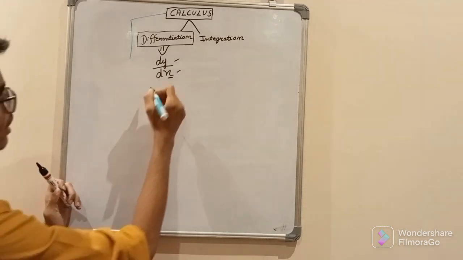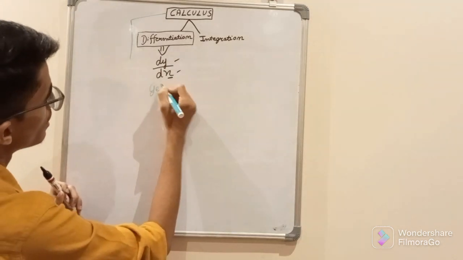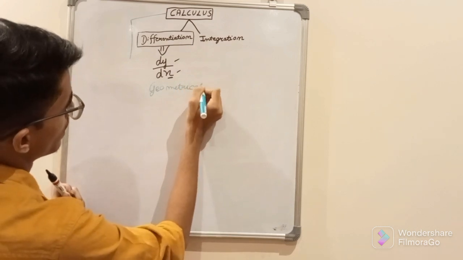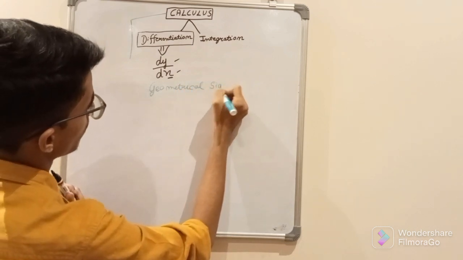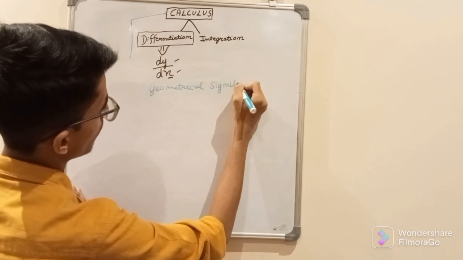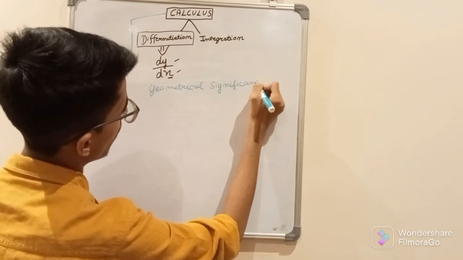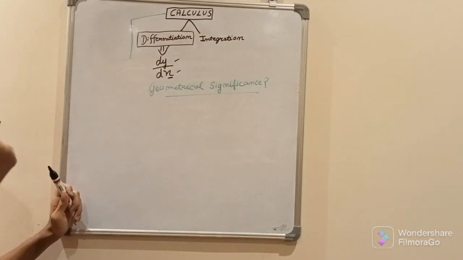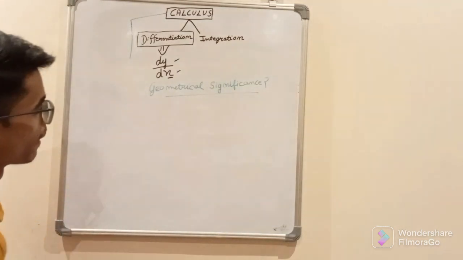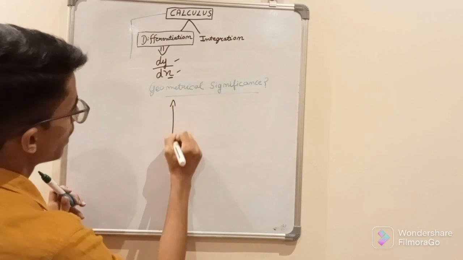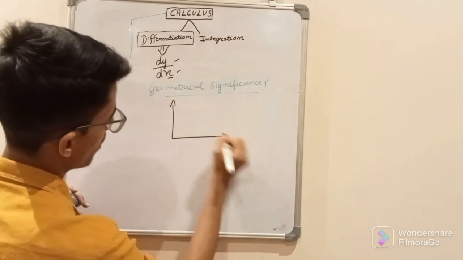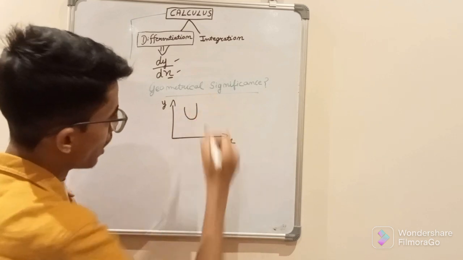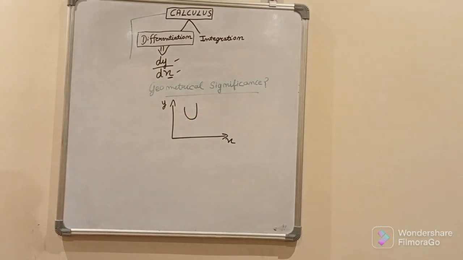Now, what is the geometrical significance of dy by dx? Geometrical significance. Now, if we plot a graph on an xy plane, let the graph be an upwards parabola.